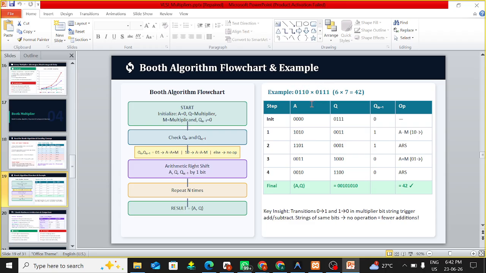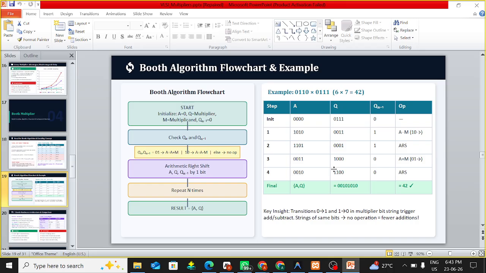So after initialization the iteration step will be 4 steps. This is how you are going to learn the Booth algorithm. Just don't look at this table because it has some random numbers. I will just explain how this works.